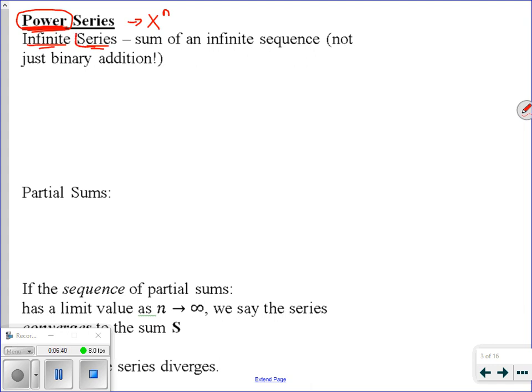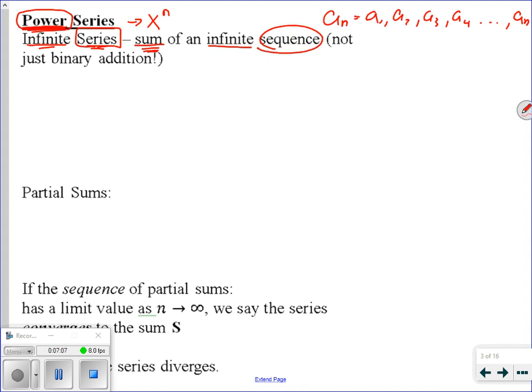Okay? So series, as opposed to sequences, means the sum of an infinite sequence. So it's not just going to be a list of numbers, but adding up the numbers. A sequence is in the form a1, a2, a3, a list of numbers, right?